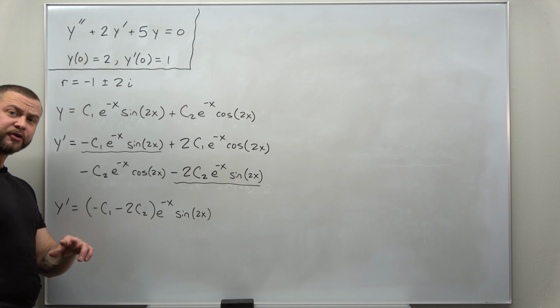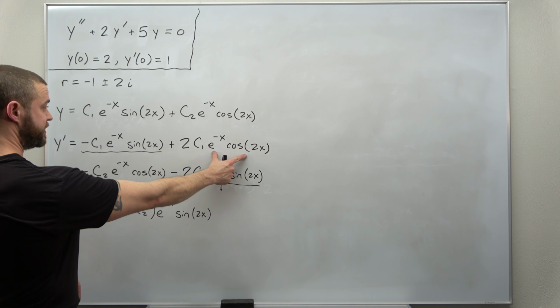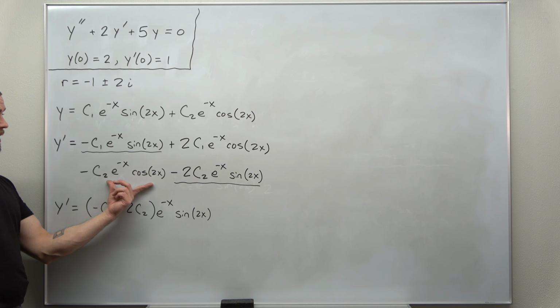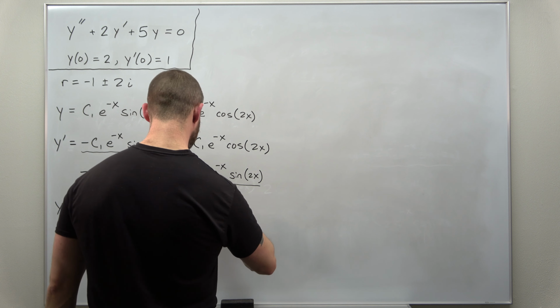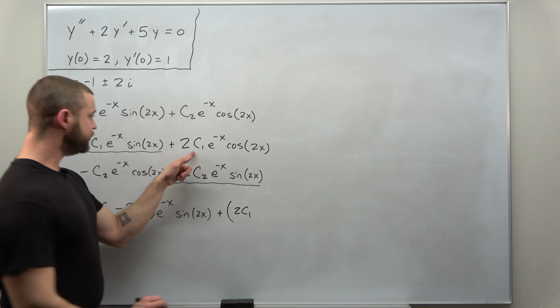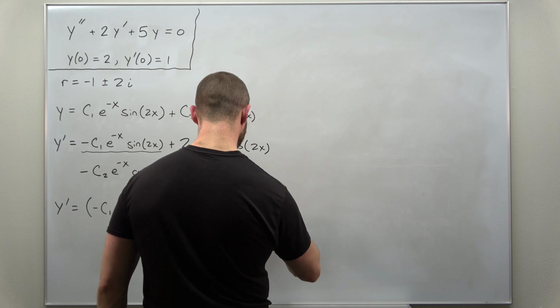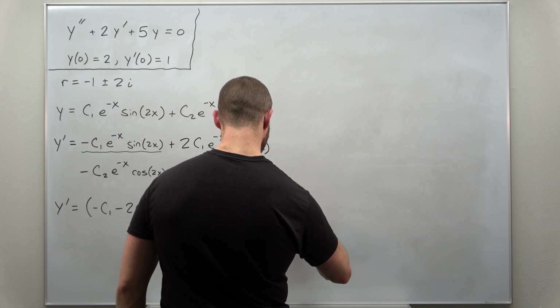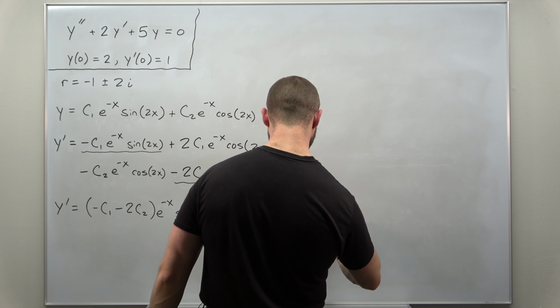And we have similar terms left, but exponential times cosines, and that should be this one along with that one. So again, we'll factor out the exponential cosine. And it looks like our coefficients, we have 2c1 and then minus c2. And that's times e to the negative x times cosine of 2x.